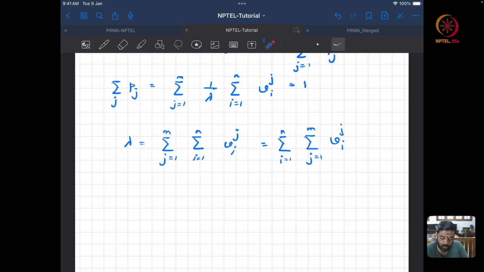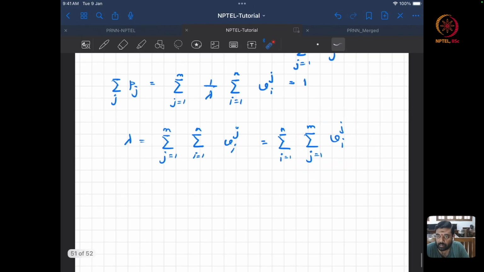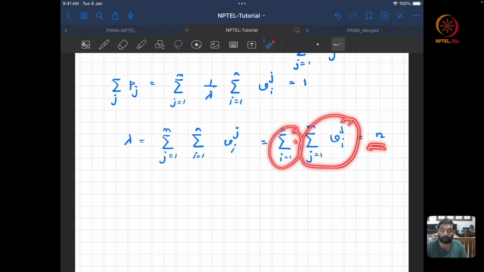That means for a given vector i, you sum over all its individual components. For a given m-dimensional vector, one of them will be 1, so this has to be 1. Now you add 1 n times, so this will be n.